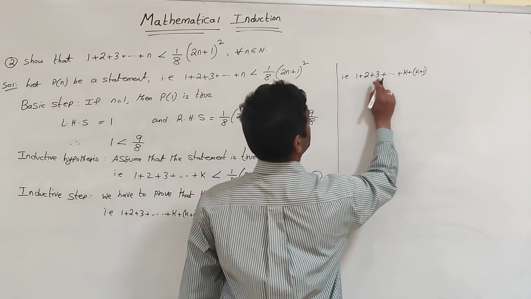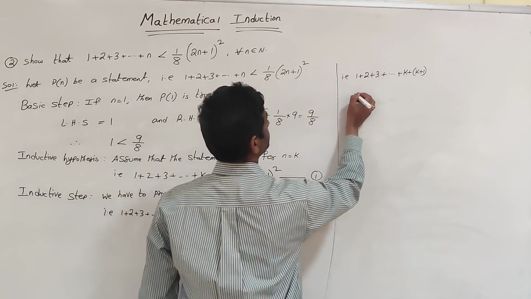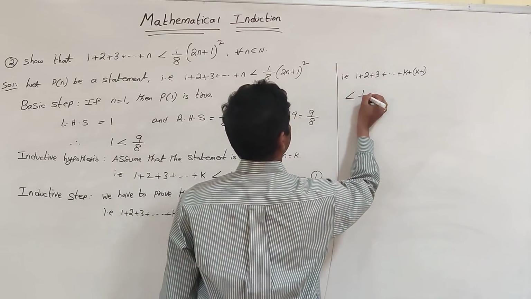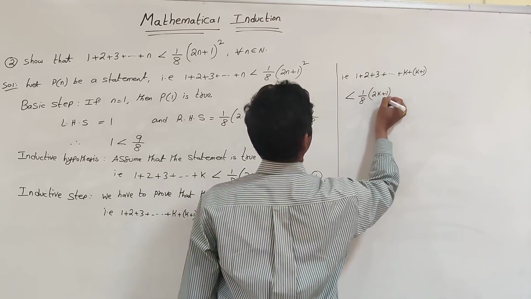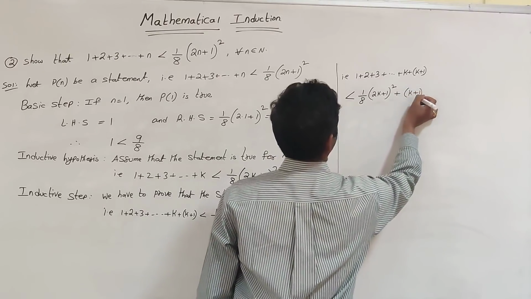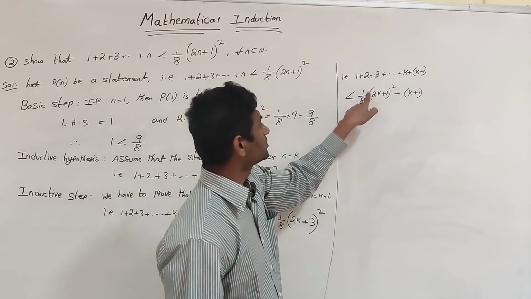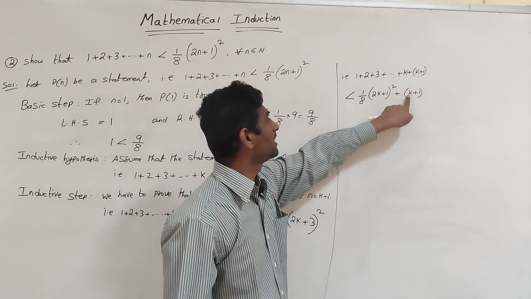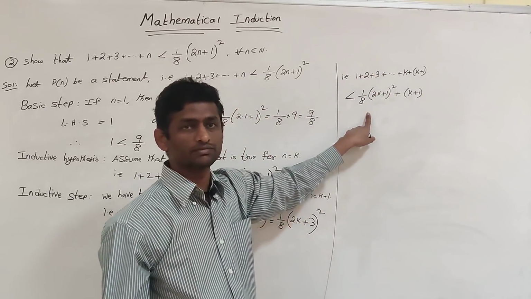Means this value will be less than 1 by 8 times of (2k plus 1) whole square, plus we can have k plus 1. The sum of the first k natural numbers is less than 1 by 8 times of (2k plus 1) whole square, and plus k plus 1. The total value will be less than this one.